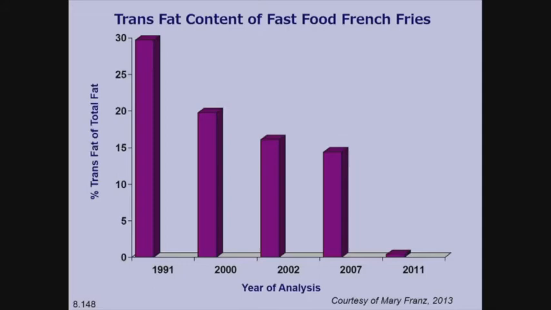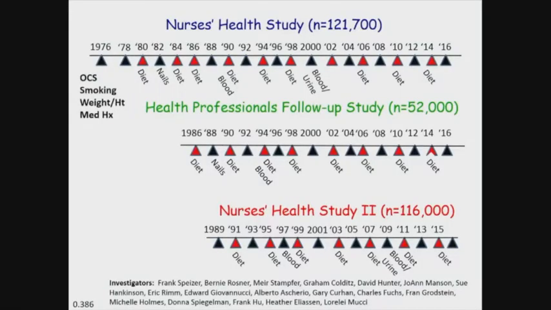But the level was 30% in the French fries in 1991, and by 2011 was basically down to effectively 0. So again, unless you have both the dietary intake updated and the food composition databases updated, it's possible to miss a lot that's going on if we're looking at conditions like cancer and cardiovascular disease that develop over decades.